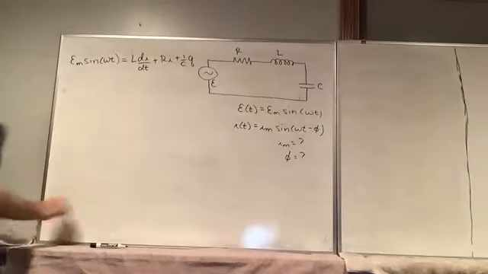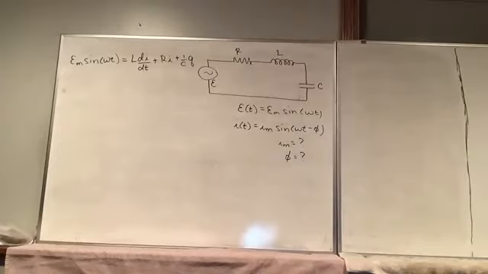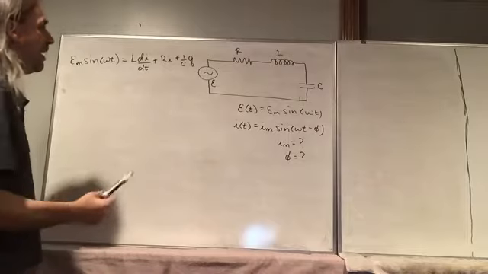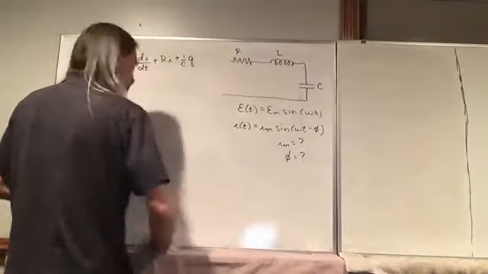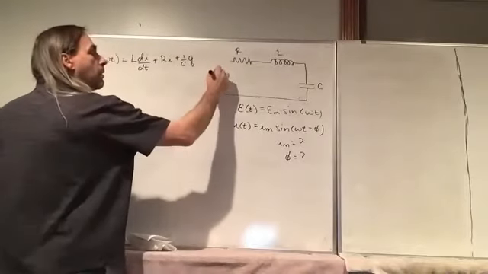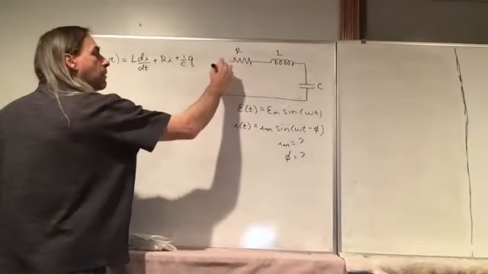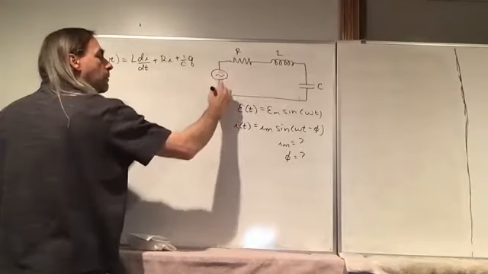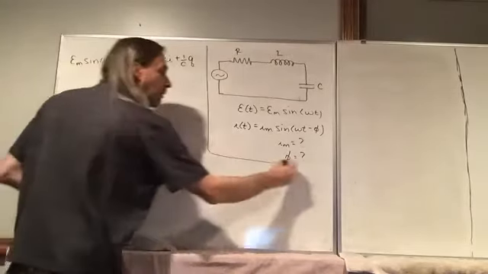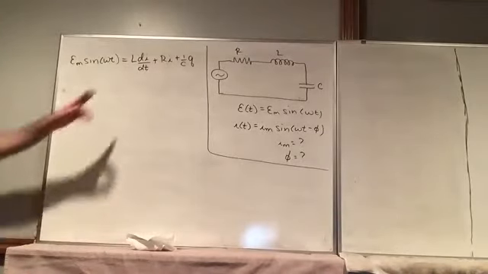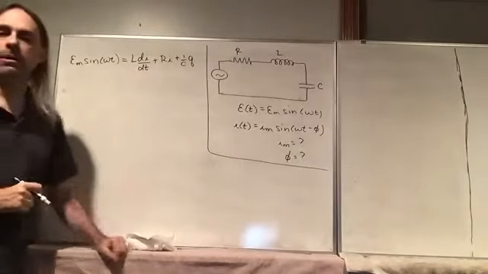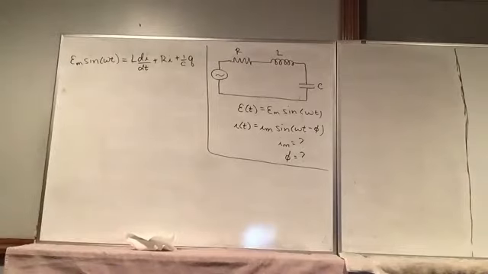Okay. Now we have two variables here, Q and I, and they are related to each other. So we can simplify this by, let me just make a little room here. I'm going to rewrite this just because I have a feeling we're going to use a lot of board space here.